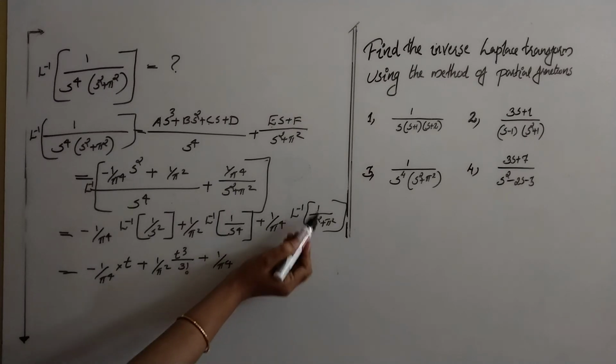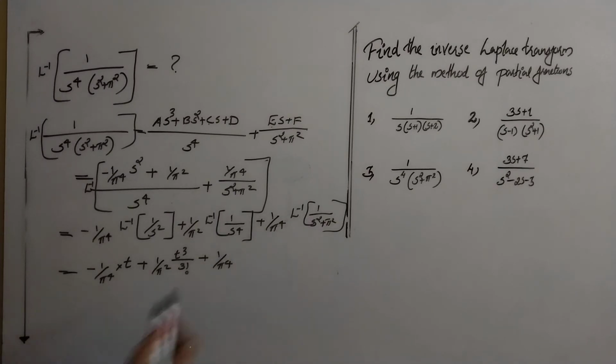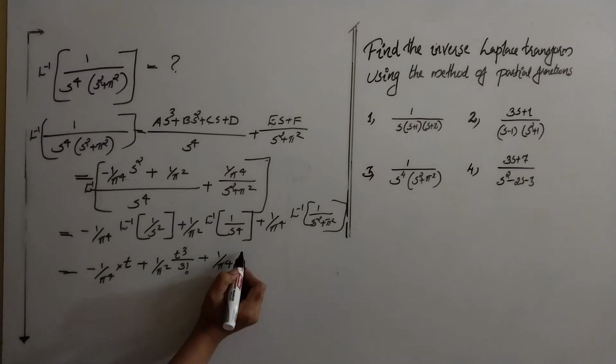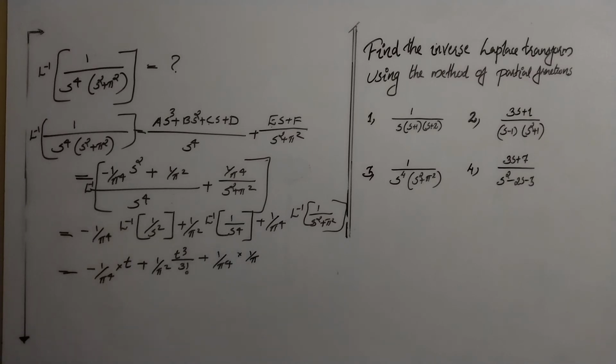So here 1 divided by s square plus pi square. So 1 by pi into sin pi t.